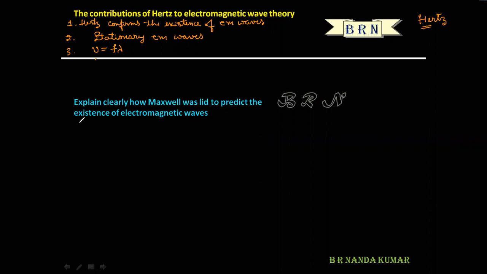On the basis of what? Faraday's law of electromagnetic induction and the modified Ampere's circuital law, so Maxwell theoretically predicted the existence of electromagnetic waves.